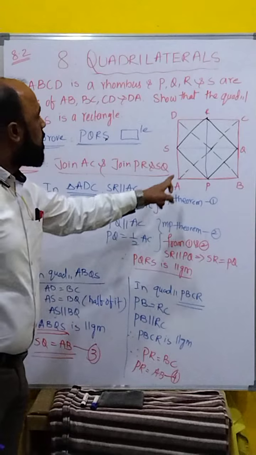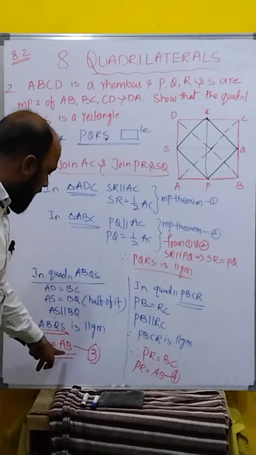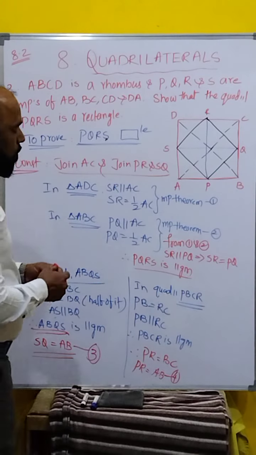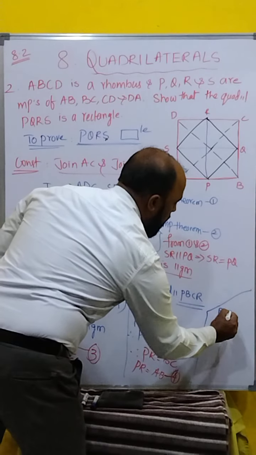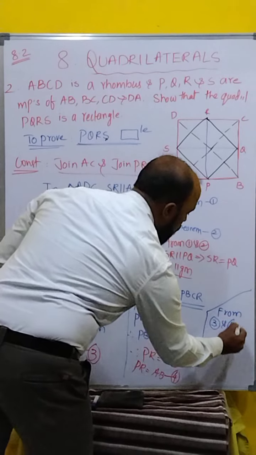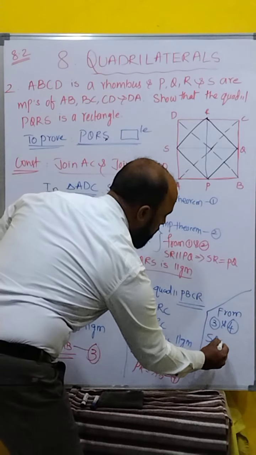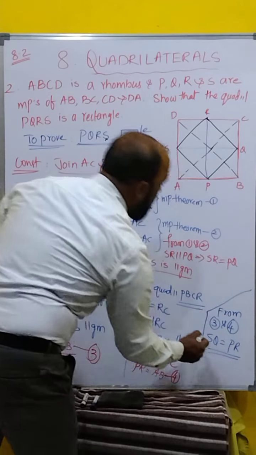Right-hand side AB, here also AB. From 3 and 4, finally I am writing here: SQ is equal to PR.